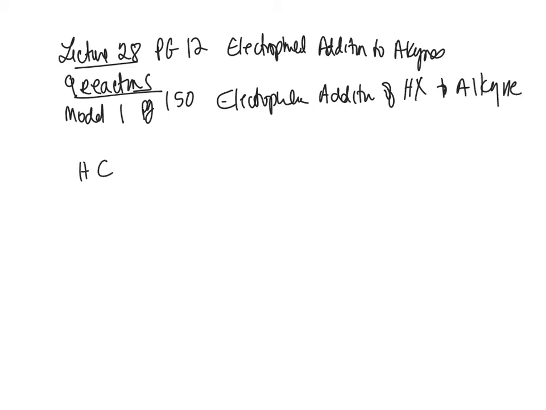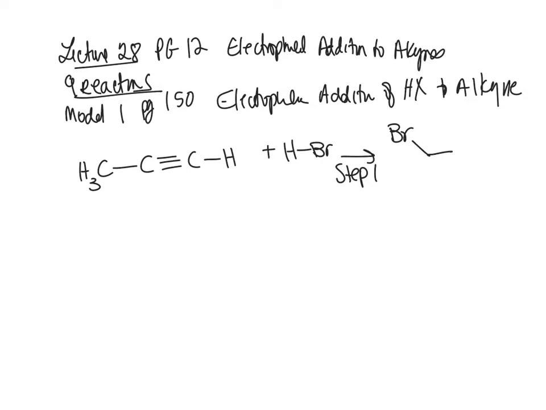And so, do we have a terminal alkyne or an internal? Okay, this is called a vinyl bromide. That's a vinyl bromide.